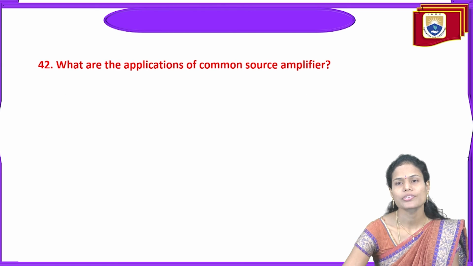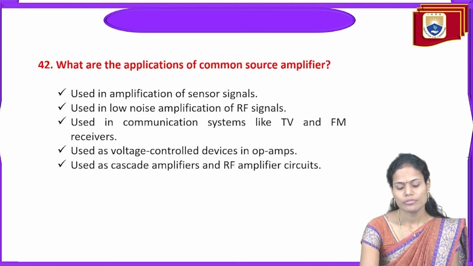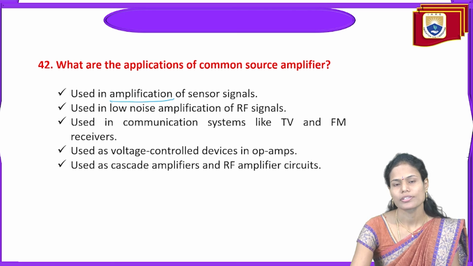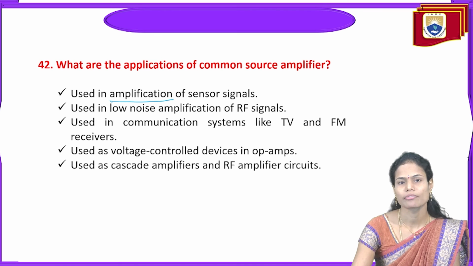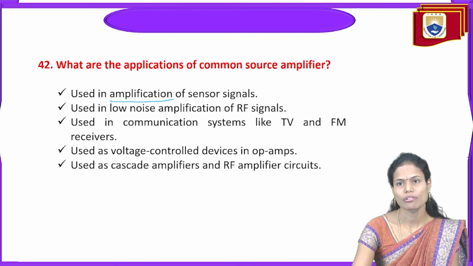And what are the applications of the common source amplifier? Generally it is used for the amplification of sensor signals, that is, whatever signals are generated from the sensors, and also for the low noise amplification of radio frequency signals. And in communication systems like televisions and frequency modulation receivers, we can utilize this.